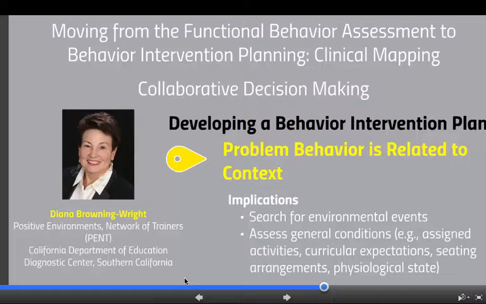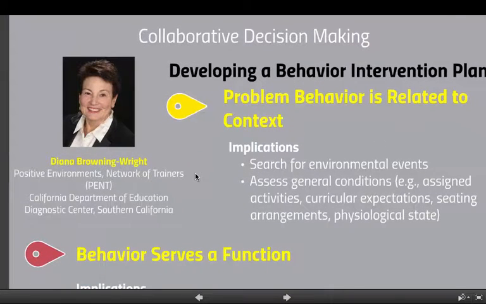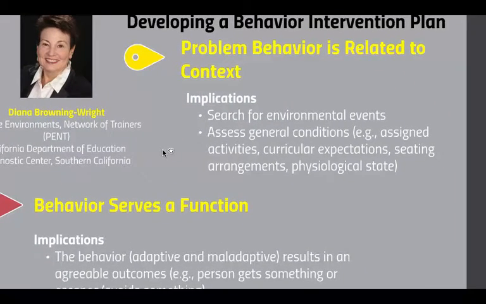And somebody on the team has to be the decision maker in terms of synthesizing the results of the functional behavior assessment and actually constructing the behavior intervention plan. So that decision maker has to be an individual that walks the team through a very deliberate and methodical process for arriving at the best interventions for the individual. And Diana Browning Wright has done a magnificent job in terms of mapping that process for individuals.